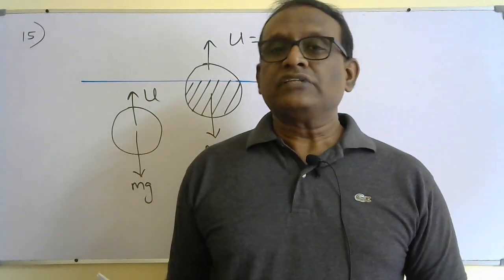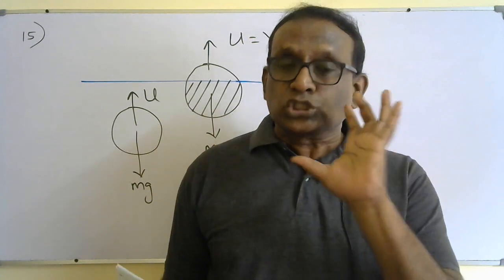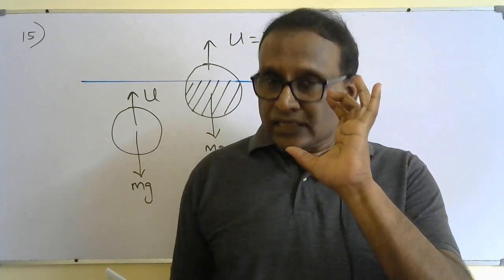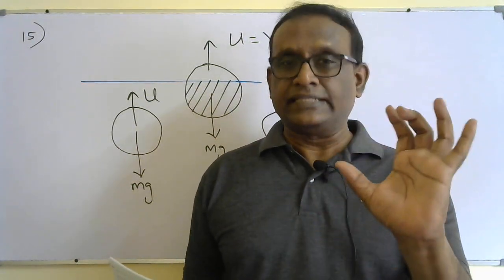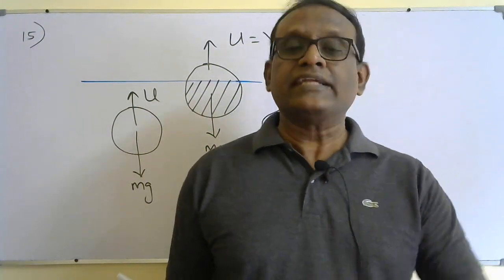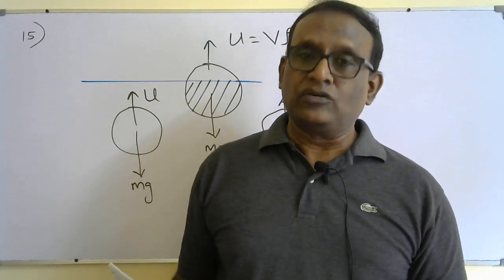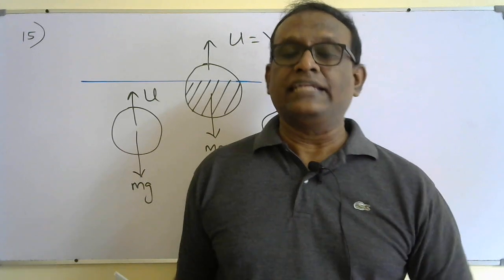When the temperature of the liquid increases, the density of the liquid will decrease, but the total weight of any given bulb and disc will remain constant. They have different weights, but that will remain constant. When the temperature increases, what happens? The density of the liquid will decrease, so the upthrust will decrease.